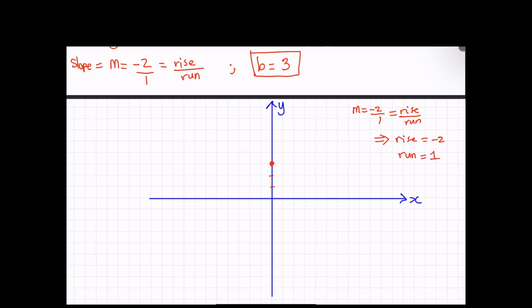So go down by 2, 1, 2. Actually, let me use a different color. Then run 1, and make a dot. And again, repeat the same process: down 2, run 1, and make a dot. Three dots is enough. You don't have to go crazy about it. And then you connect it.